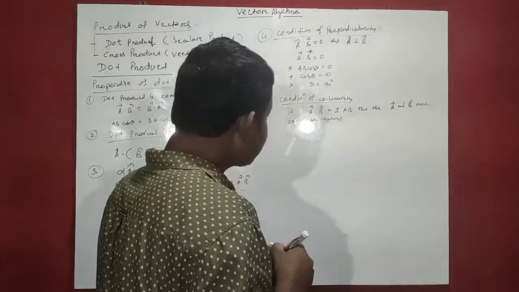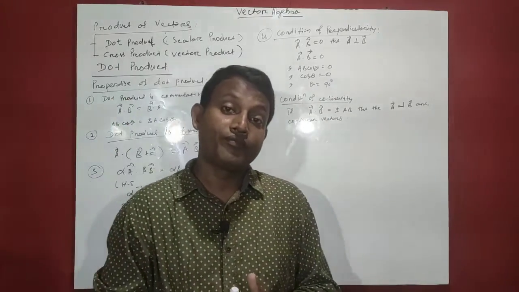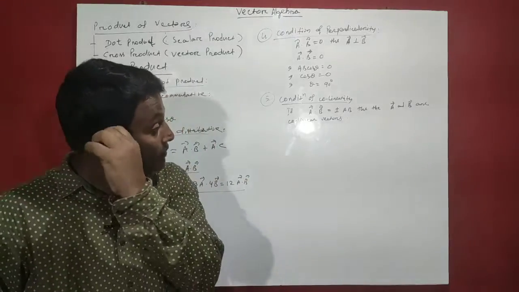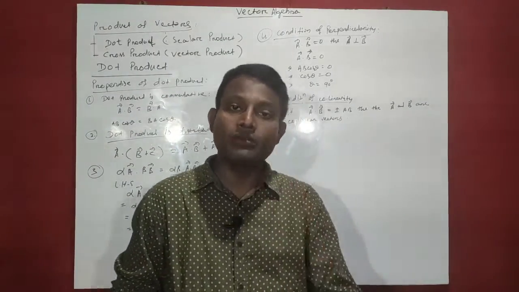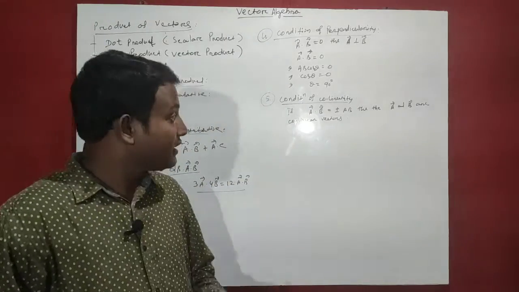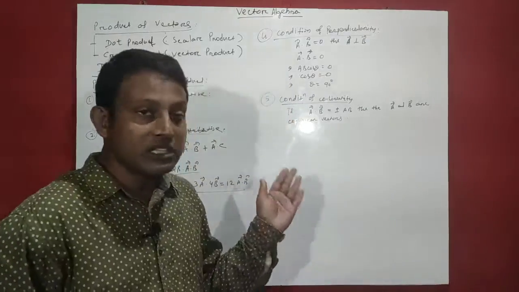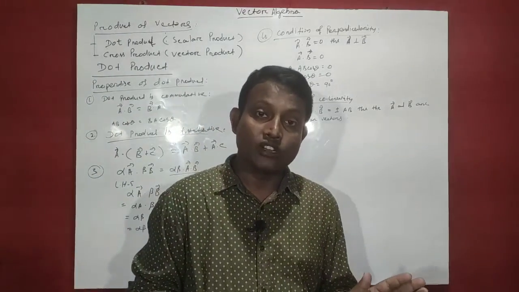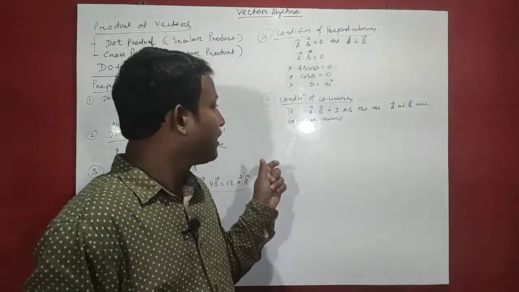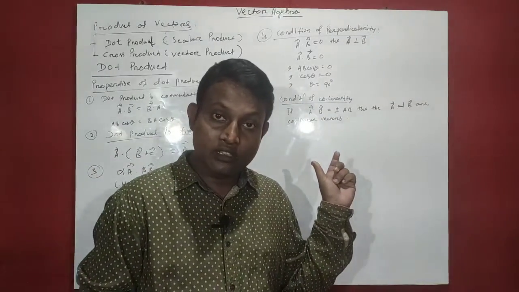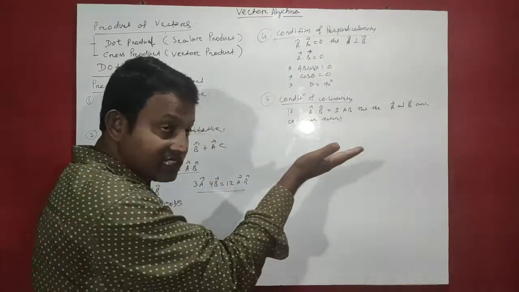Guys, when we say two vectors are collinear, there are two conditions: either both vectors are in the same direction or both vectors are in opposite directions. We call these two vectors collinear vectors. Collinear means along one line.